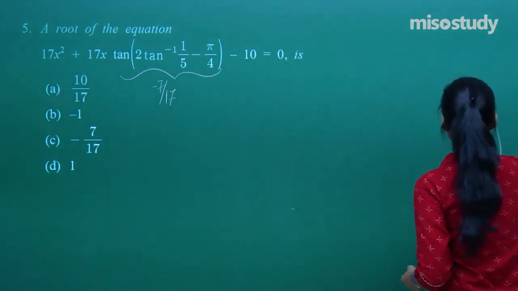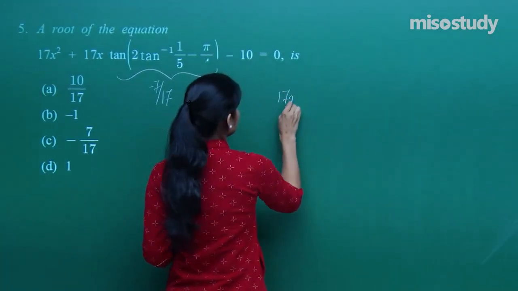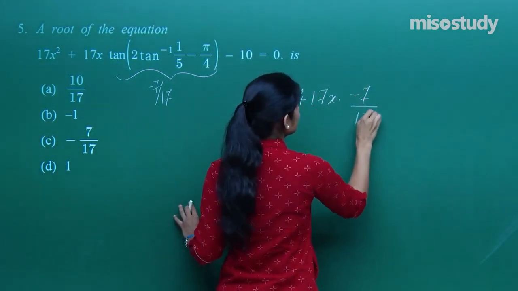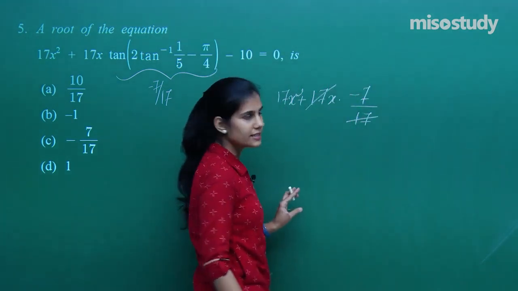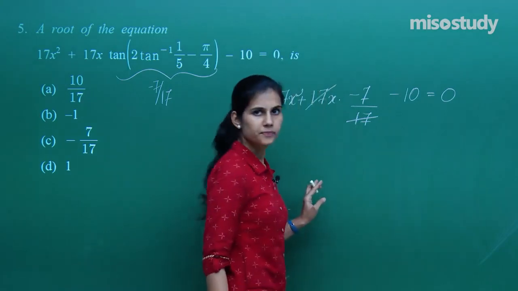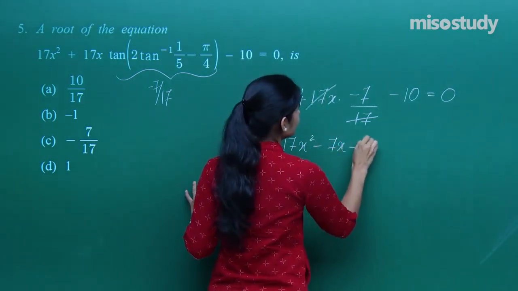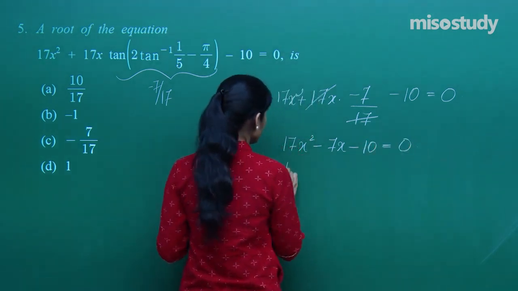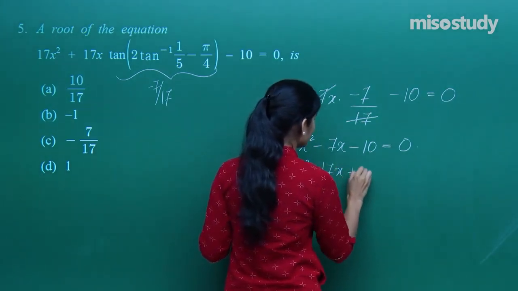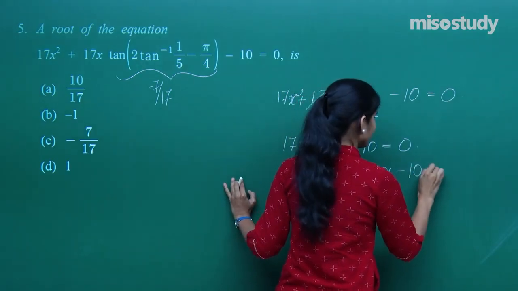Why? Let's see. Now I have 17x square plus 17x into minus 7 by 17, which leads me to cancel this, minus 10 equals 0. So you have 17x square minus 7x minus 10 is 0. You can write this as 17x square minus 17x plus 10x minus 10 equals 0.